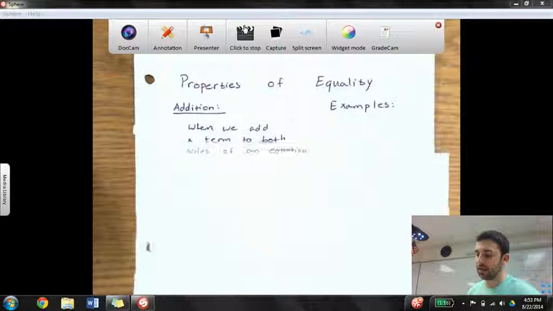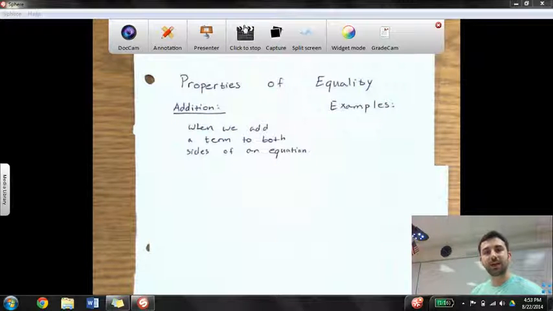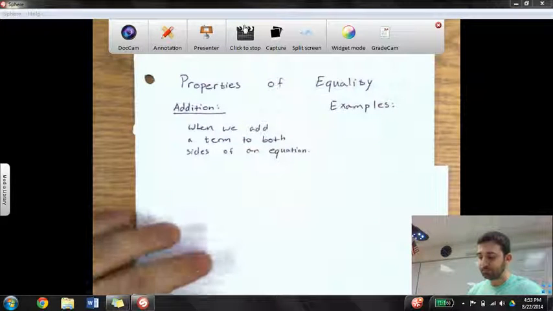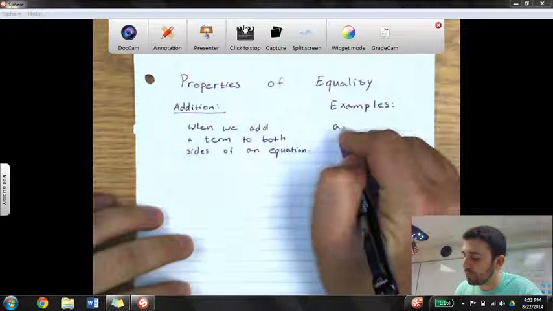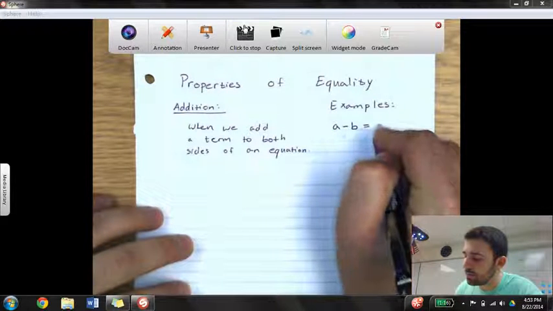And what this says is we're going to add a term to both sides of an equation in order to solve that equation. So we apply this property when our equation has subtraction.